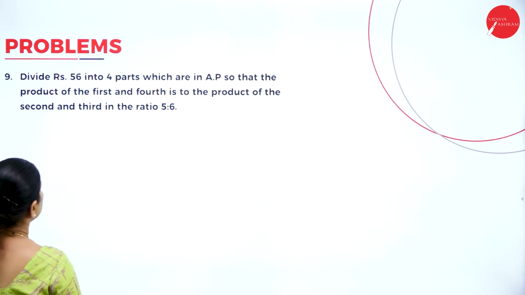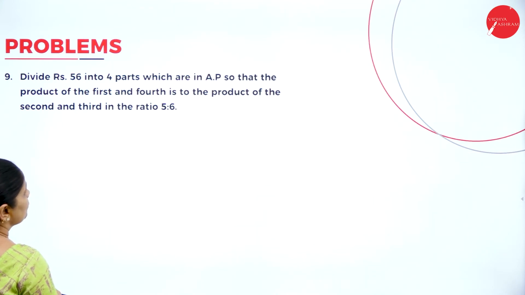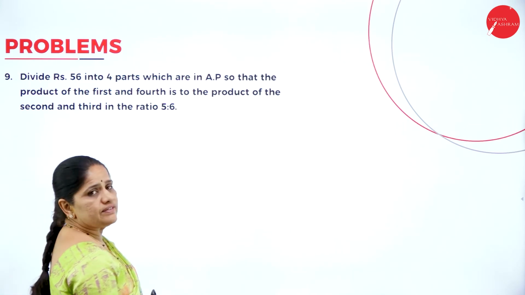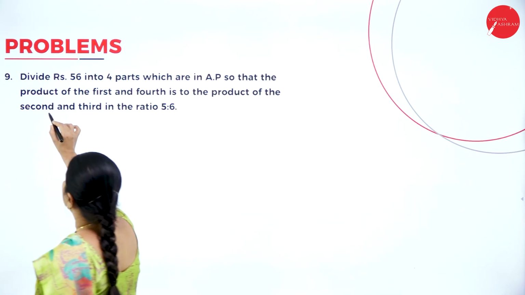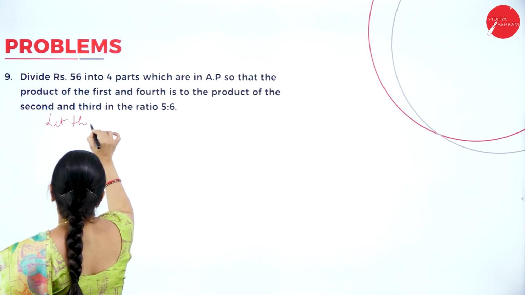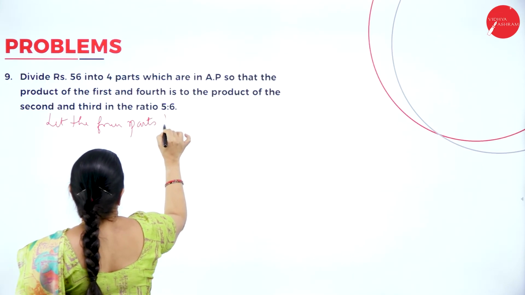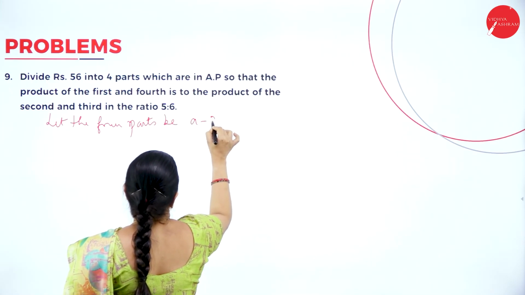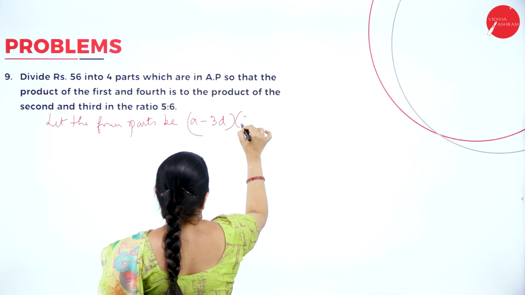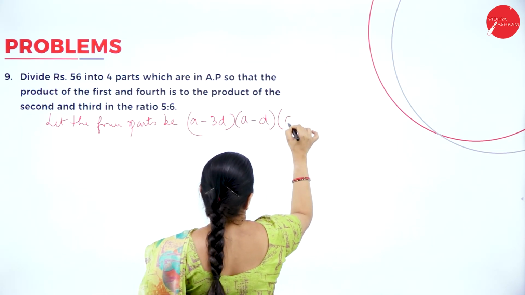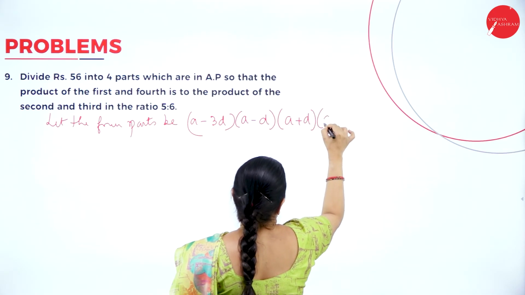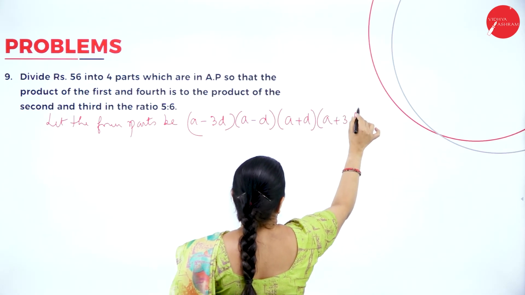So, the next problem is: divide 56 into 4 parts which are in AP so that the product of the first and the fourth is to the product of the second and the third in the ratio 5:6. Now, let the 4 parts be A minus 3D, A minus D, A plus D, A plus 3D.